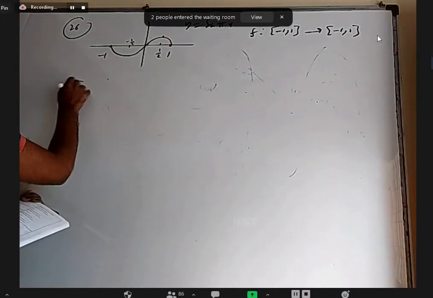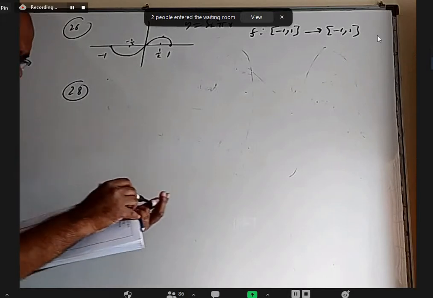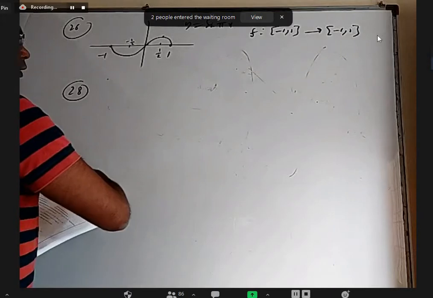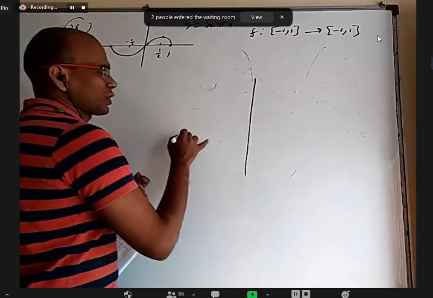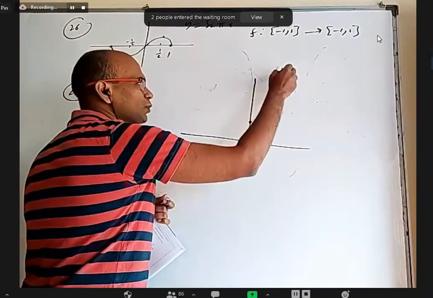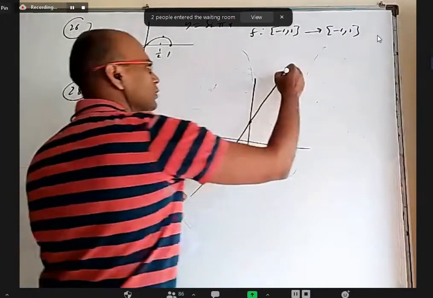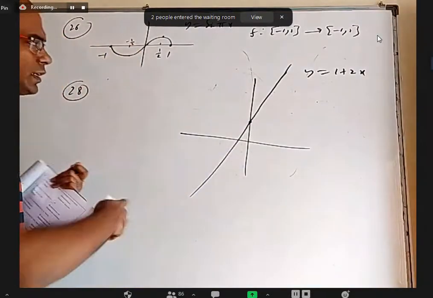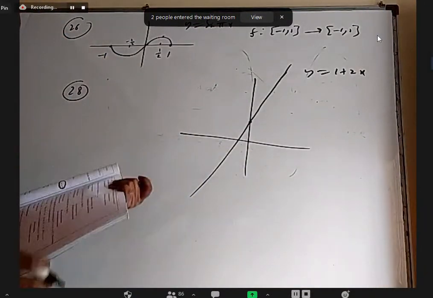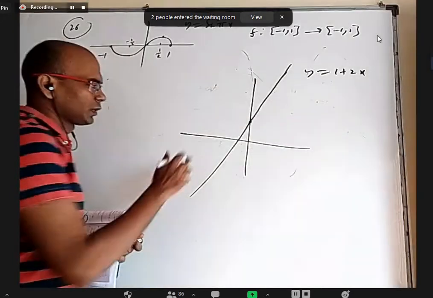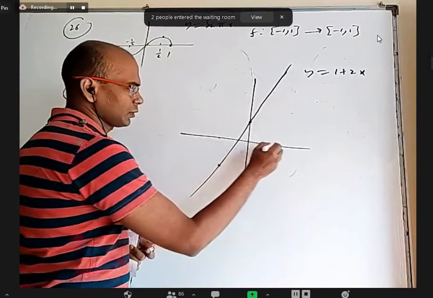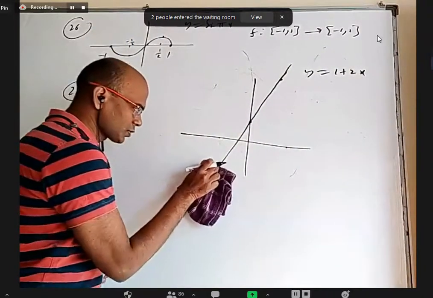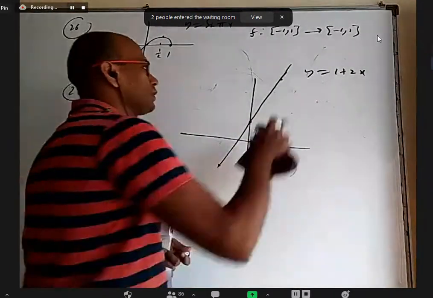Normally 1 plus 2x is a straight line with y-intercept 1 and slope 2. It will be like this. This is the line y equal to 1 plus 2x. But normally it is an unending line, but here the domain is only minus pi by 2 to pi by 2. So minus pi by 2 is here, plus pi by 2 is here. So I should remove this and this.